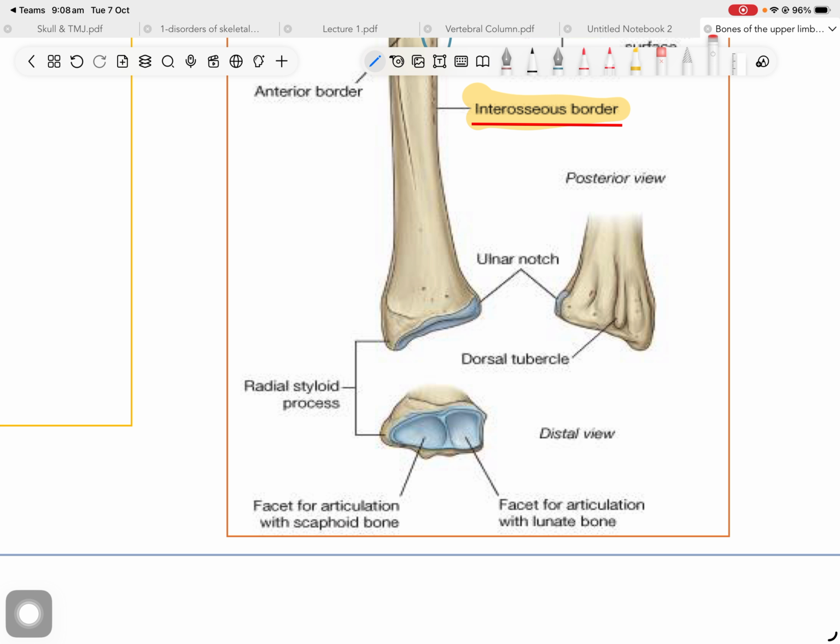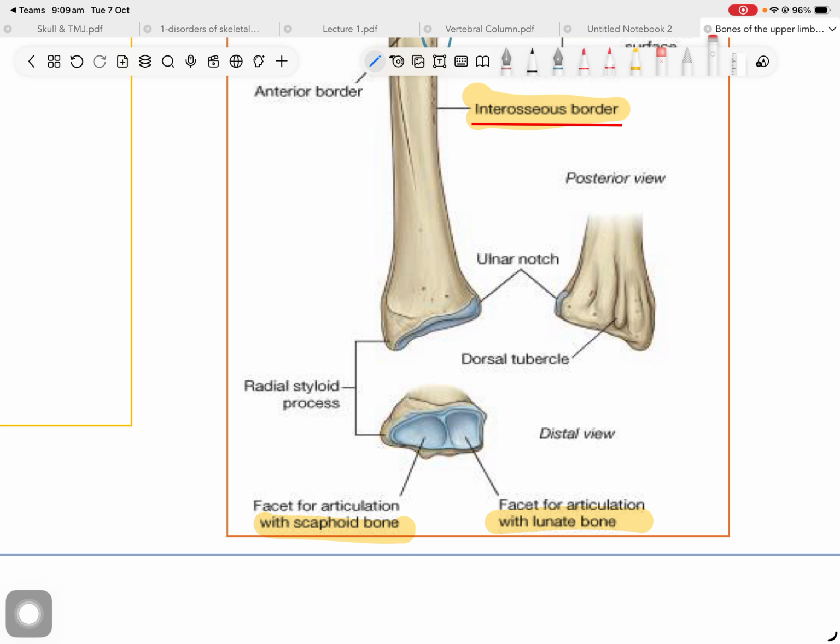Then I have here the styloid process, and I have a notch here at the medial side. I call it the ulnar notch. Why is it called the ulnar notch? Because the head of the ulna is located distally and it articulates with the radius at this notch, okay?